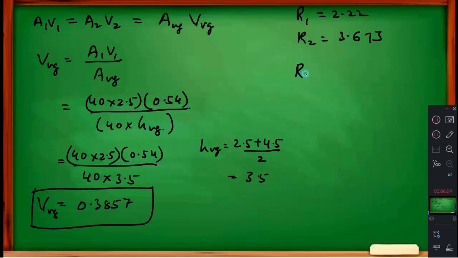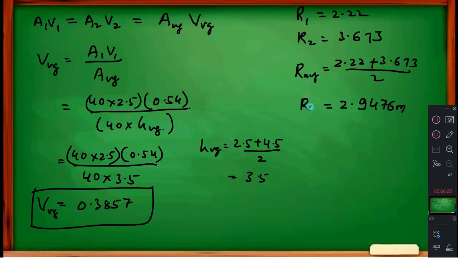Then you calculate R average is equal to 2.22 plus 3.673 divided by 2, which is 2.9476 meter. This is R average.